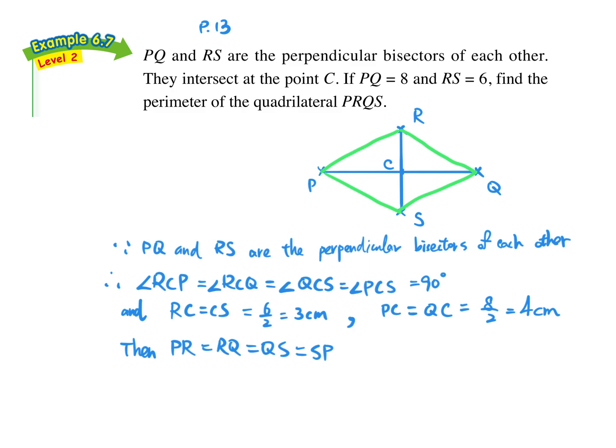And here there are 4 congruent triangles with these 4 different colors.